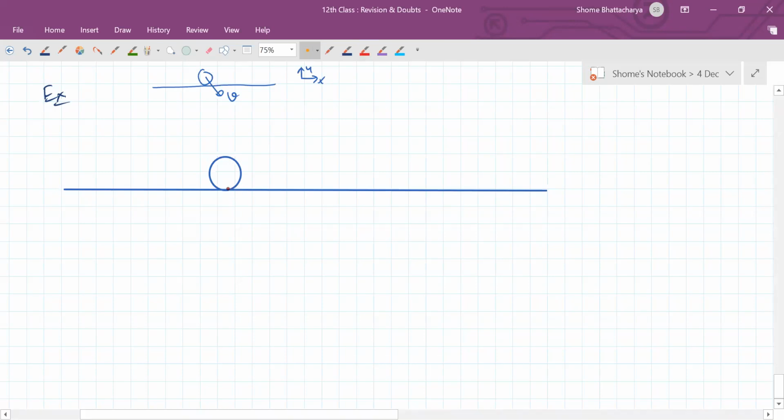As a result, it has a tendency to slip at this point. So not only will there be some normal impulse, n delta t, but there will also be some frictional impulse, f delta t.